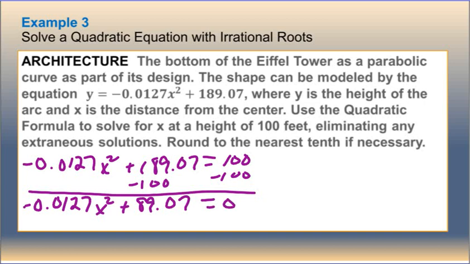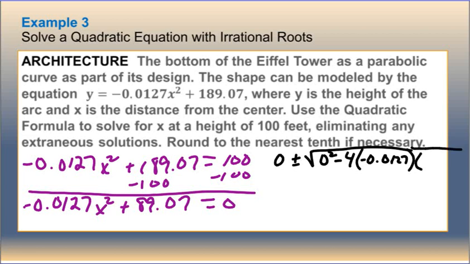So now let's put this into our formula. Our b is 0, plus or minus the square root of b squared, which is just 0 squared, minus 4 times a, which is negative 0.0127, times our c, which is 89.07.